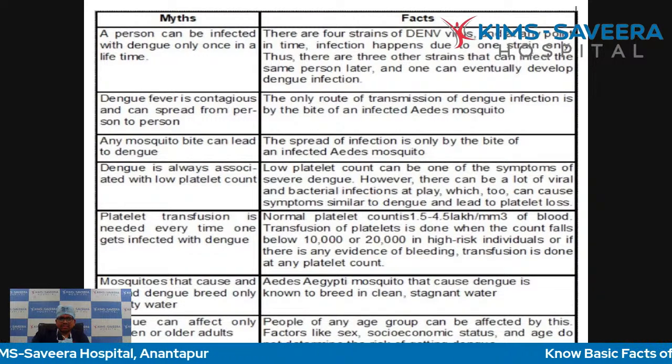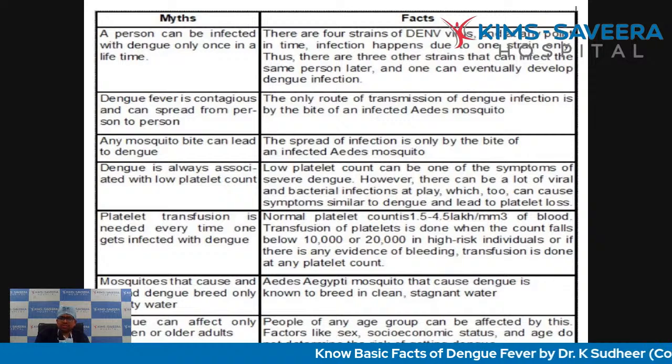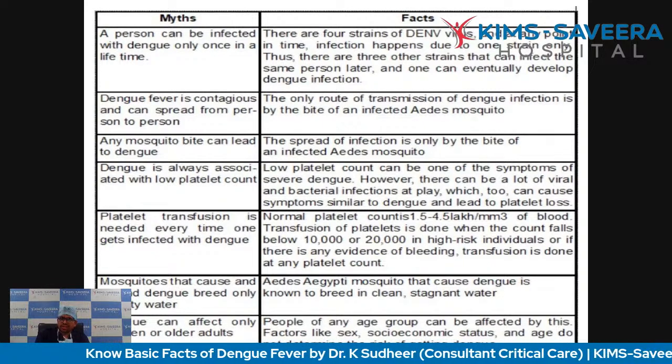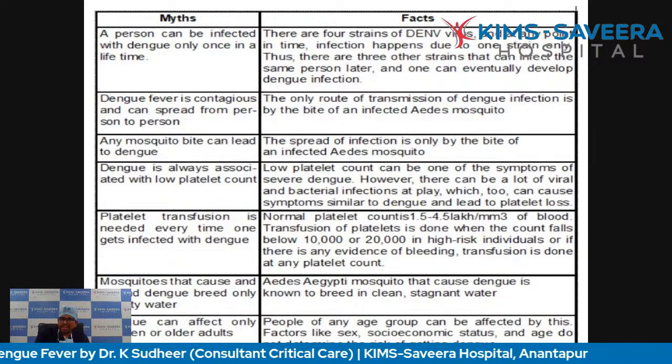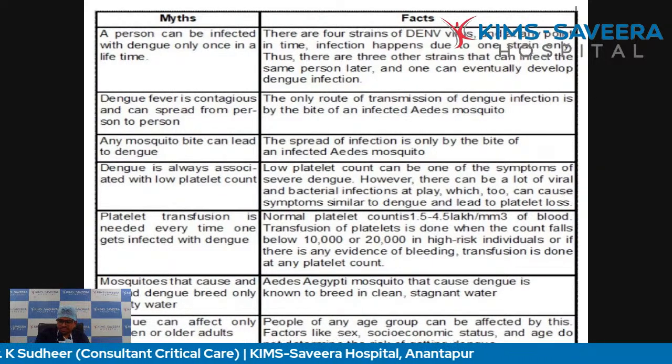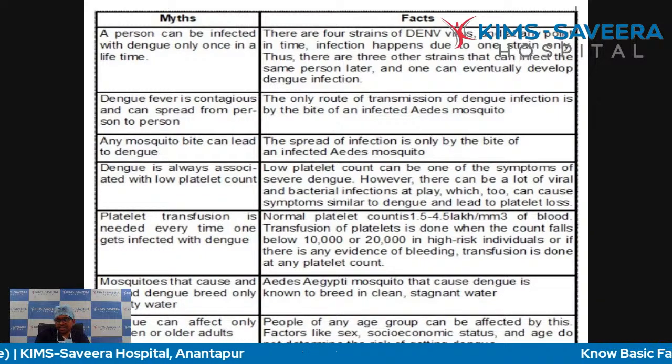Can dengue fever be seen only in adults, or irrespective of age, socioeconomic status or immune status? It can affect any type of person. We can get this dengue fever in older age or young age.